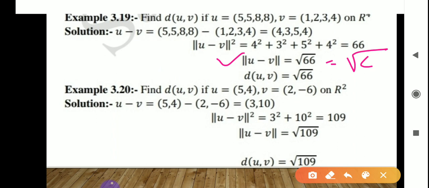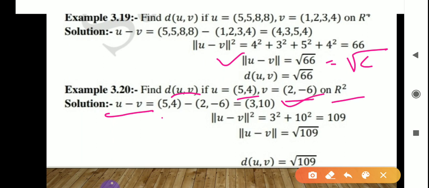Okay, then the second problem is the same: find the distance between u and v if u is equal to (5, 4) and v is equal to (2, minus 6) on R2. So first find u minus v, same as the last problem, that is (5, 4) minus (2, minus 6), which is equal to (3, 10), because 5 minus 2 is 3 and 4 minus minus 6 is 10.